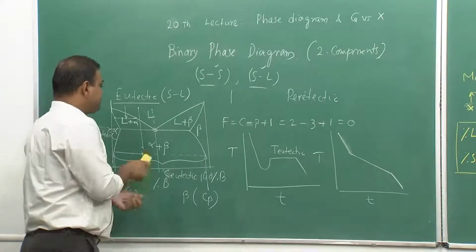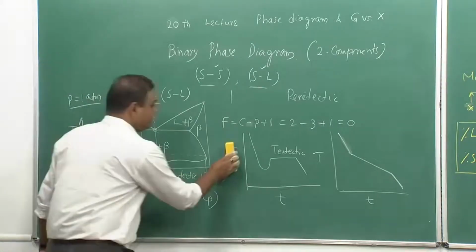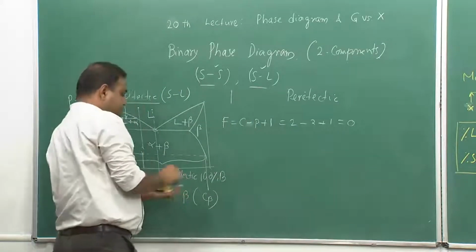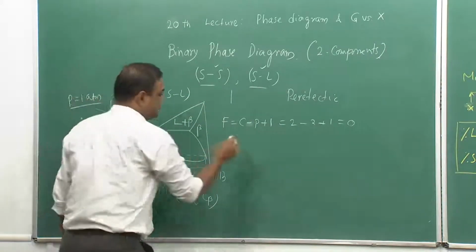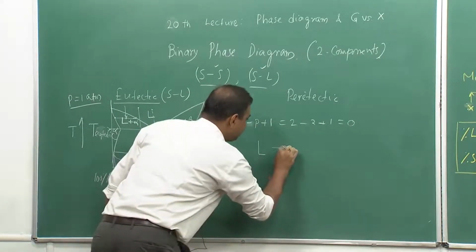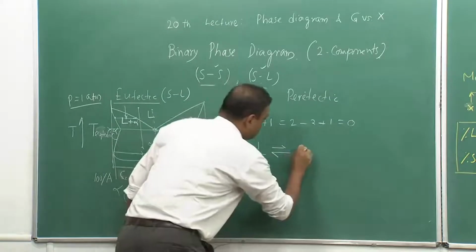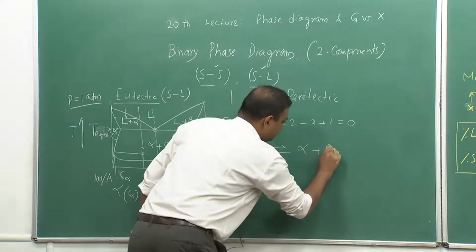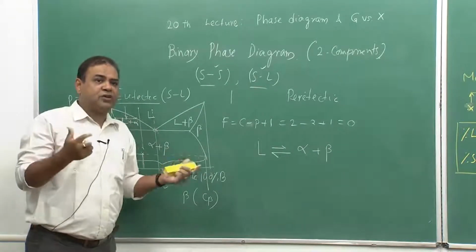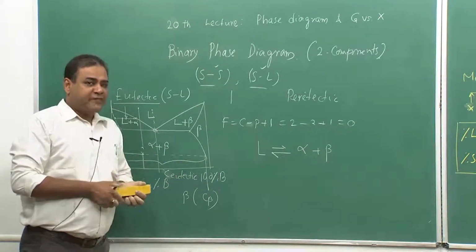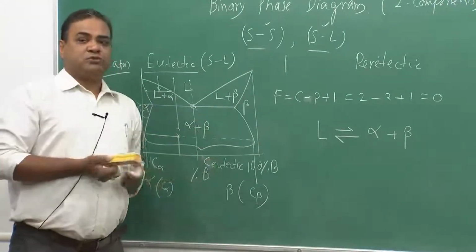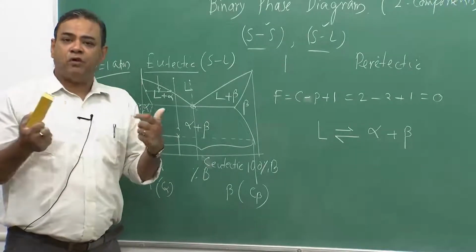Now, if we try to see what happens at this eutectic point, the eutectic reaction says liquid converts to alpha plus beta. Liquid converts to two different solids of different composition, and they can have the same structure but different composition, and they can also be of different structures.